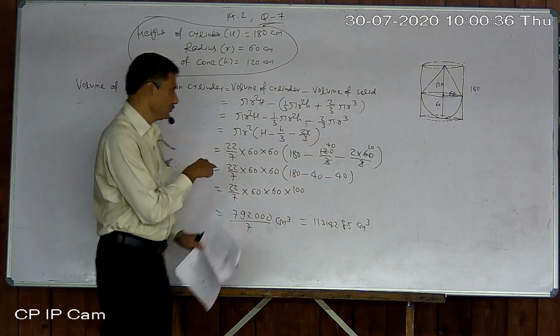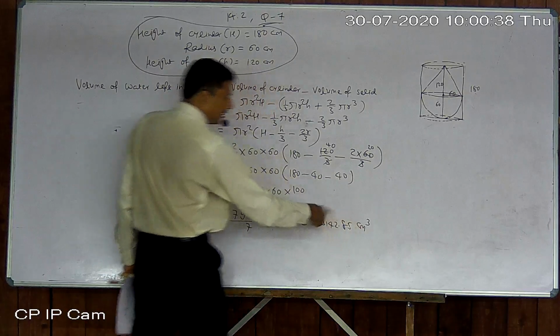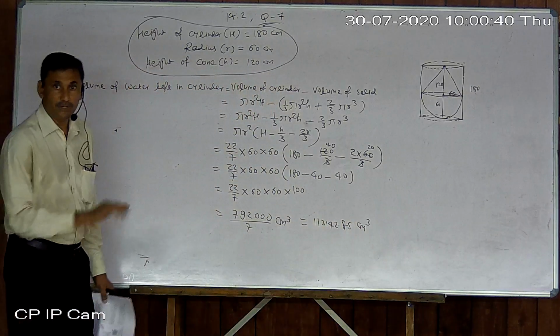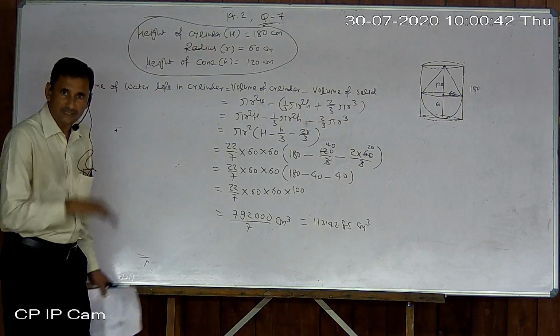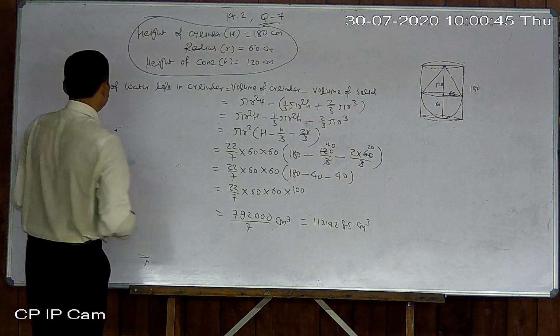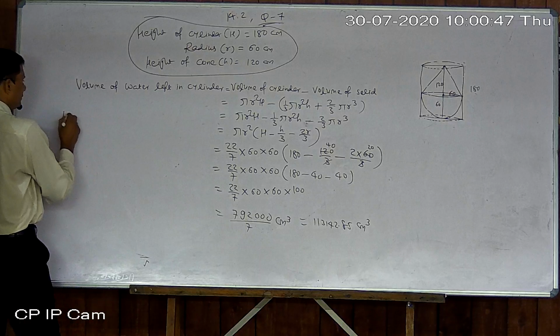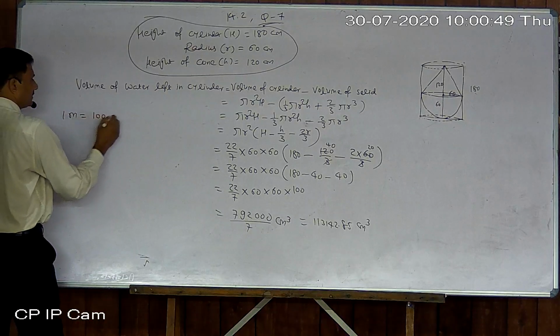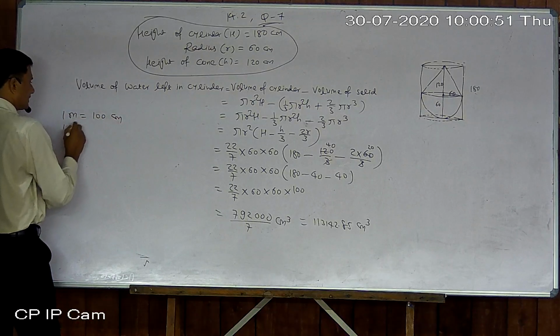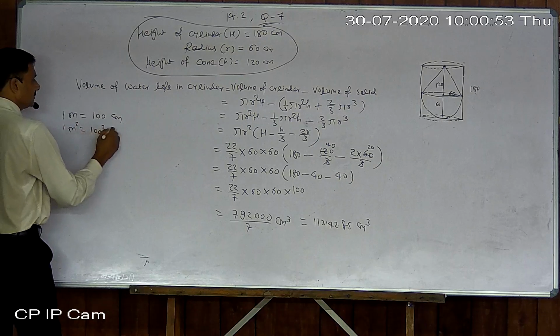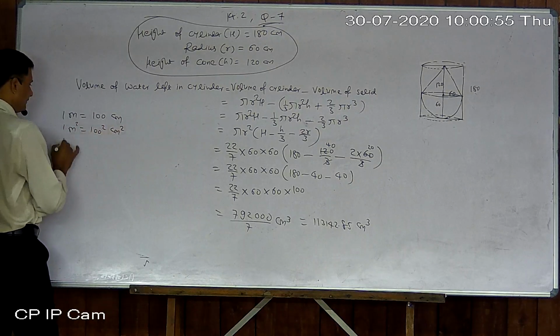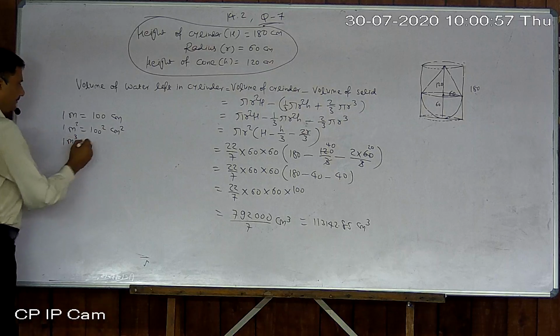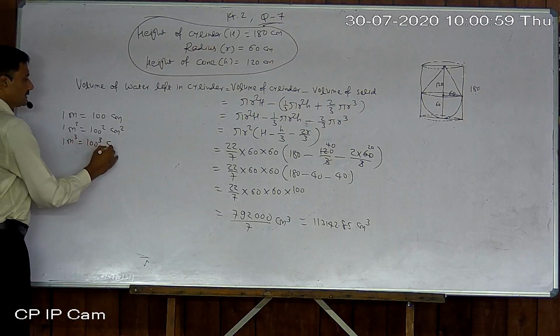Same way here also we have to convert that into meter cube. So we have to divide by some number. You know 1 meter equals 100 centimeter. 1 meter square is equal to 100 square centimeter square. 1 meter cube is equal to 100 cube centimeter cube.